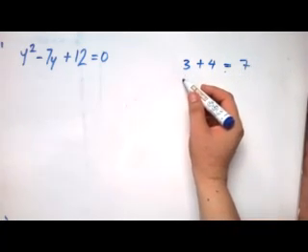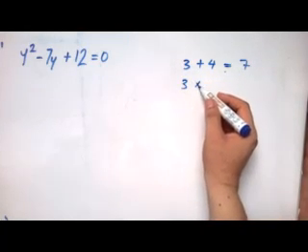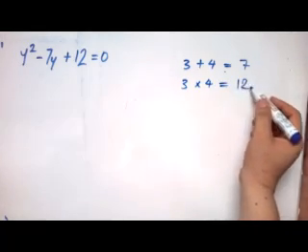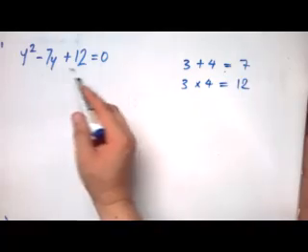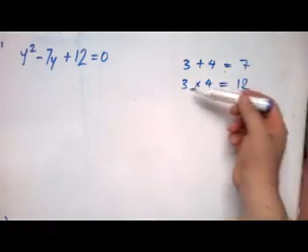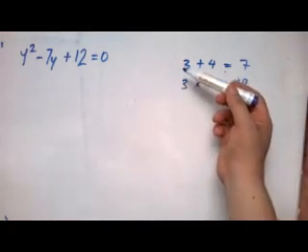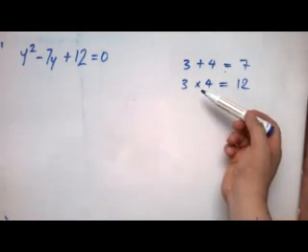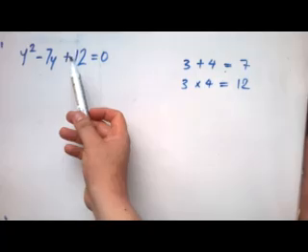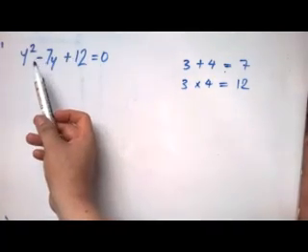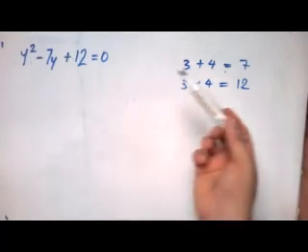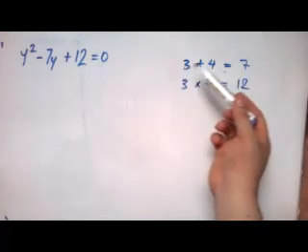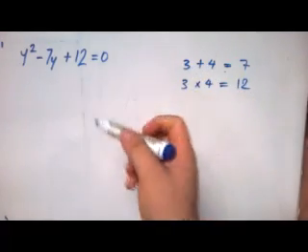And when you have 3 times 4, it will also give you 12. So we've gotten the two numbers that will give us 7 when we add and 12 when we multiply. But notice that this 12 is positive and the 7 is minus or negative. So these numbers, one must be negative to give us what we want.